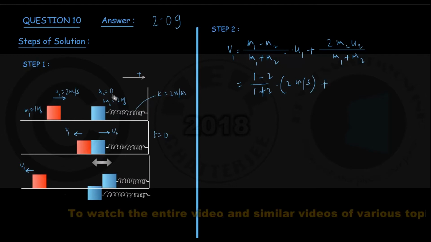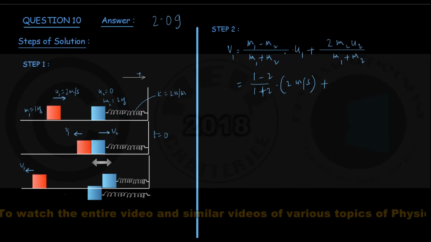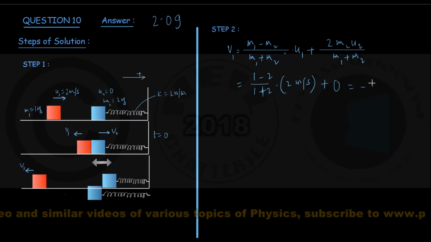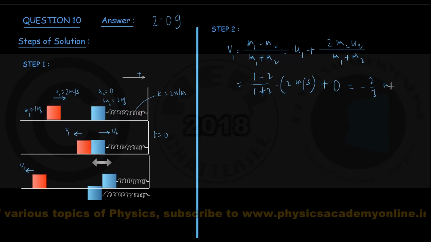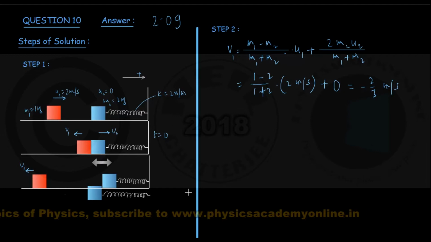And since u2 is 0, this term vanishes. This is coming out to be minus 2 by 3 meter per second. This minus sign implies that, as expected, the velocity of this block 1 in red color is directed towards the left, and its magnitude is 2 by 3 meter per second.